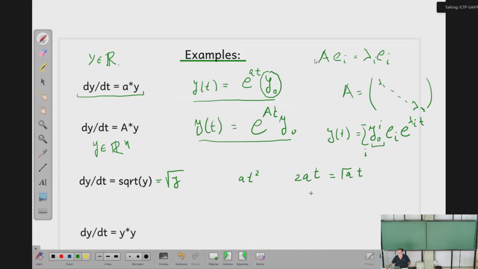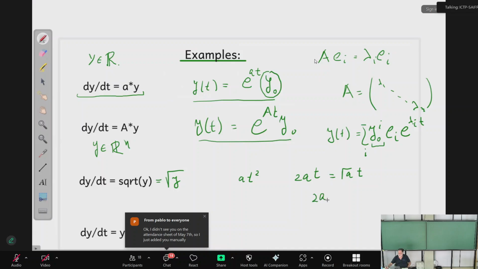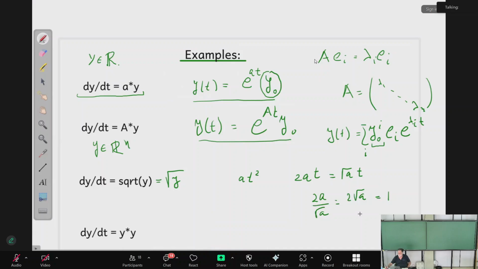So a has to be 1/2, right? And this is 2a over square root of a. So 2 square root of a has to be 1. So a has to be 1/4.